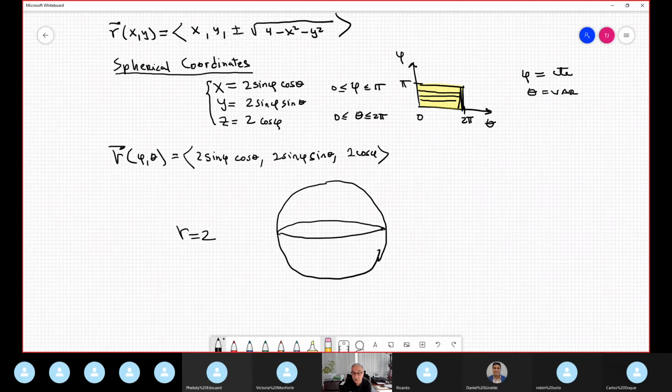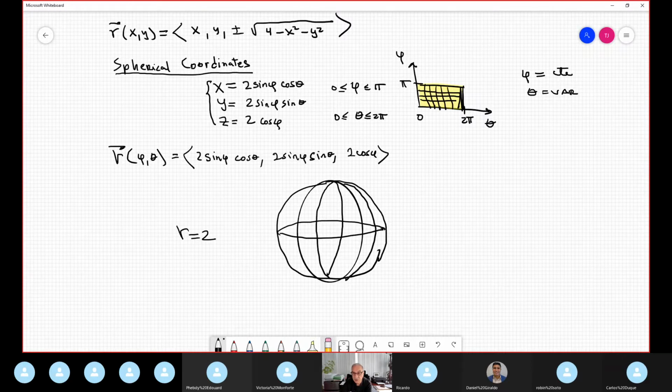The representation of this line in 3D is something like that, like a parallel on the Earth, the imaginary parallel line.